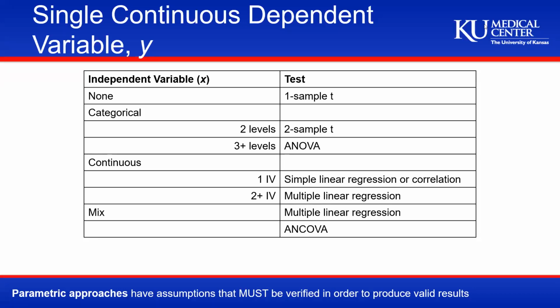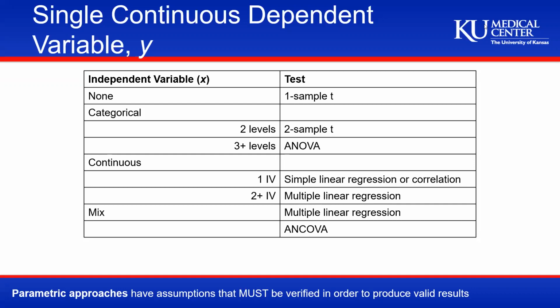If you only have a single group of individuals, and you're measuring that outcome, then you do a one sample t-test, making some assumptions that need to be valid. We'll talk about what those assumptions are and what you would do in case they are not met.